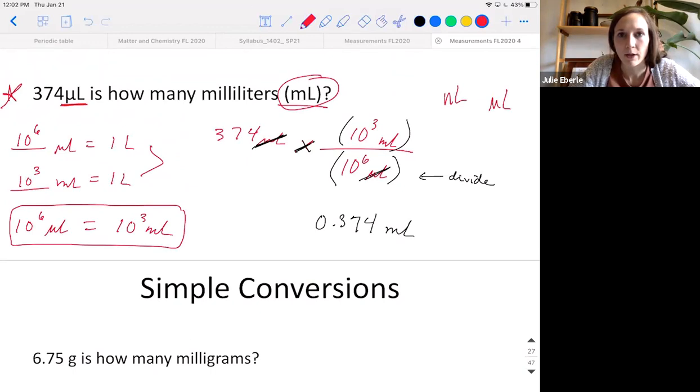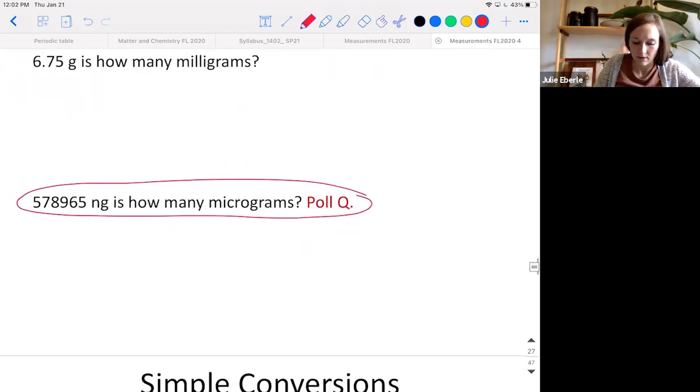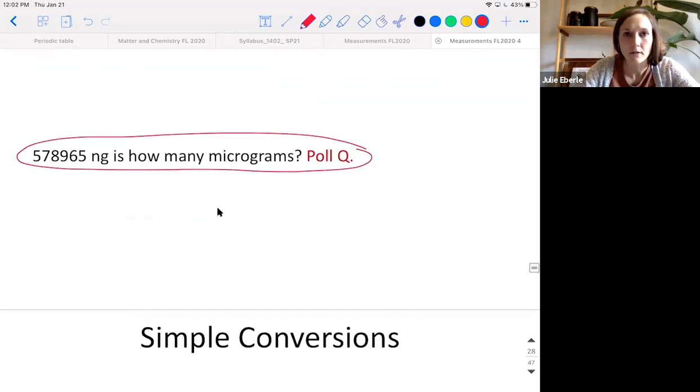Okay, let me pull up my poll question. So I want to know how many micrograms is this? You start working it. I'm going to start working it. Let's see where we land. We need a relationship between nanograms and micrograms.